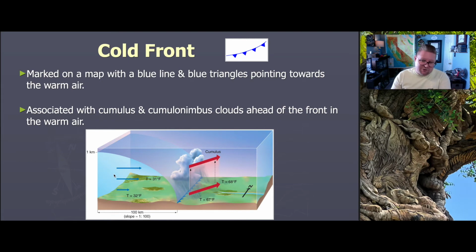So as this warm air mixes with colder air and is pushed upwards, if there is humidity available, that humidity will begin to condense, you'll hit the dew point, you'll create clouds, and then probably some form of precipitation.